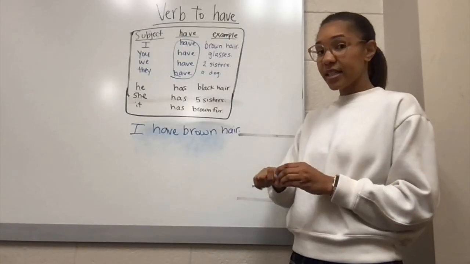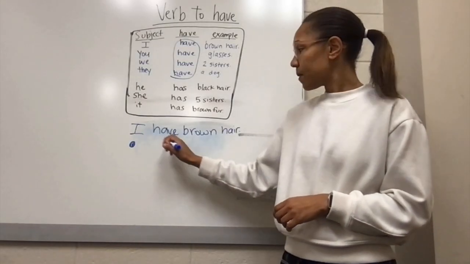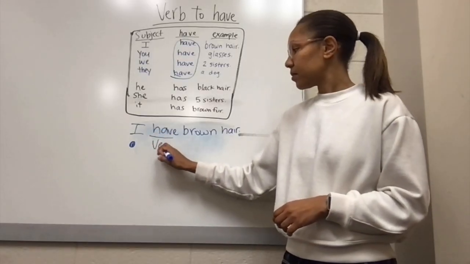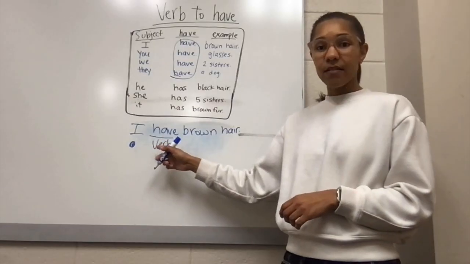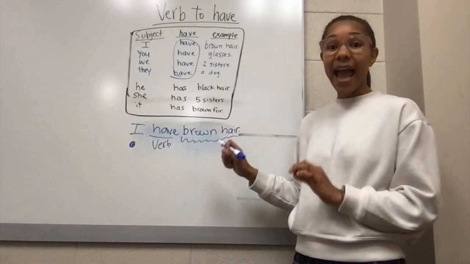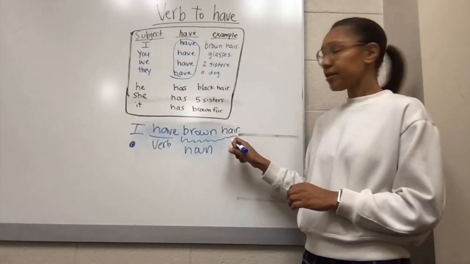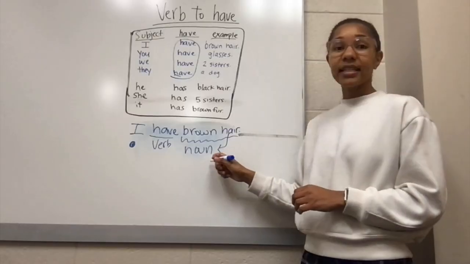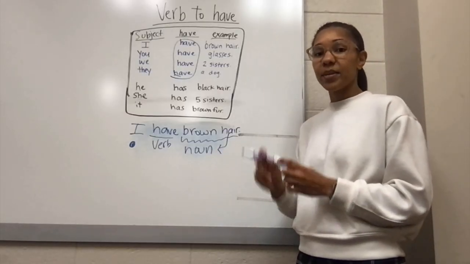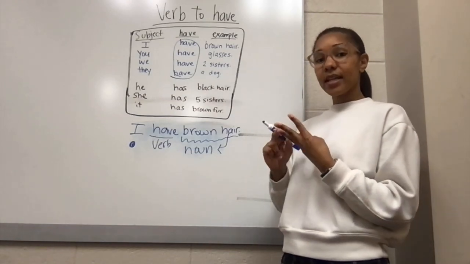So we can see we have our subject I, then our verb, have, and after this is going to be called a noun. So hair is a noun. And a noun can either be a person, it can be a place, or it can be a thing.